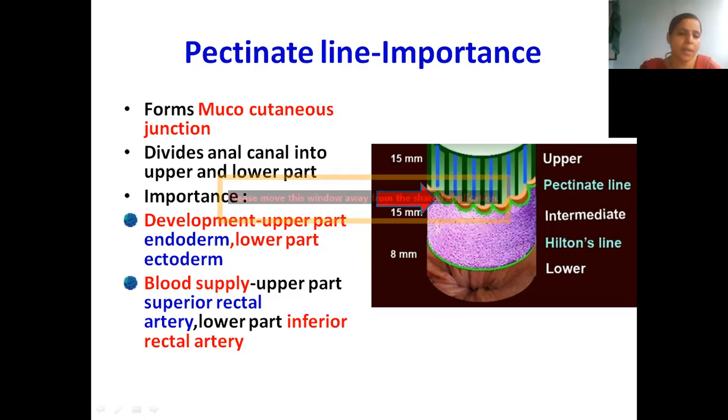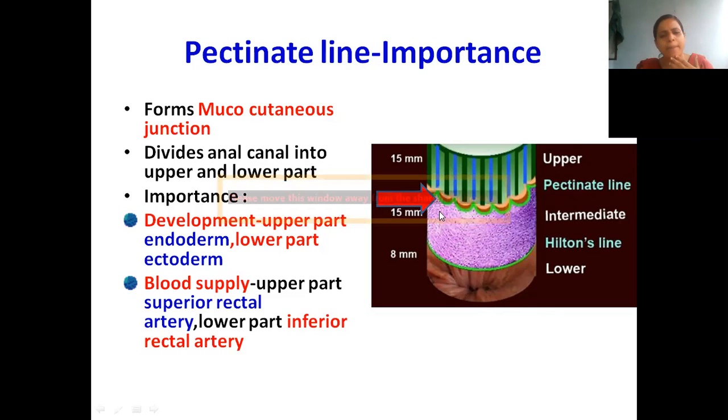When we study embryology, we will come to know that above the pectinate line the area develops from endoderm, and below the pectinate line it develops from ectoderm. So above this line is endodermal in origin, below this line is ectodermal in origin. This is the line of demarcation shown by the red arrow.